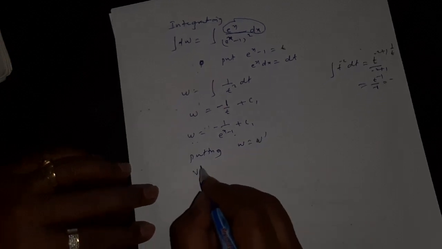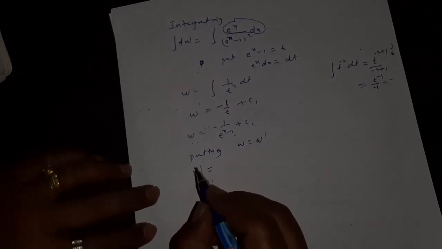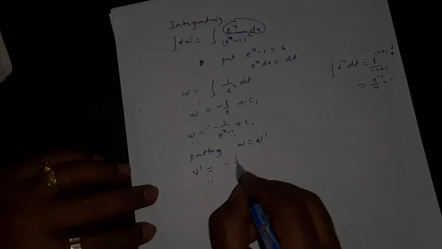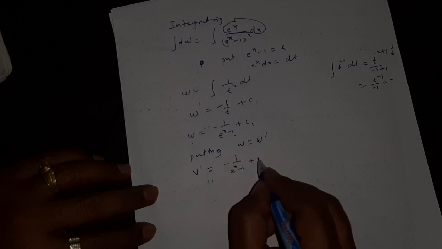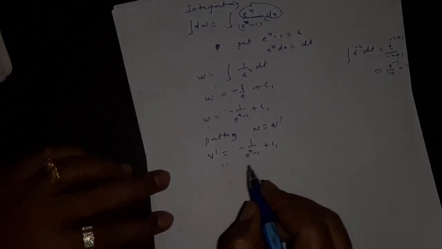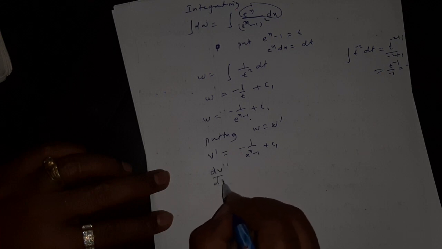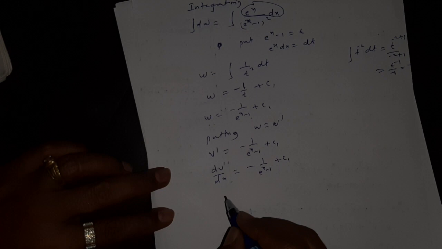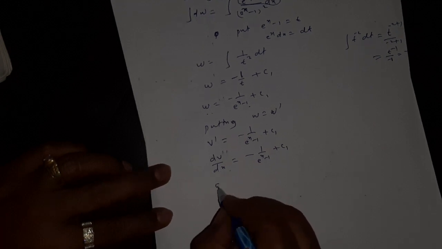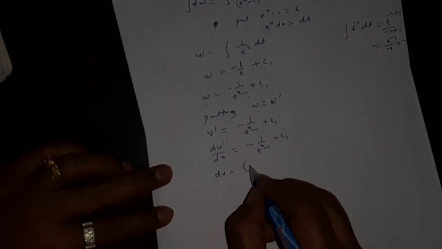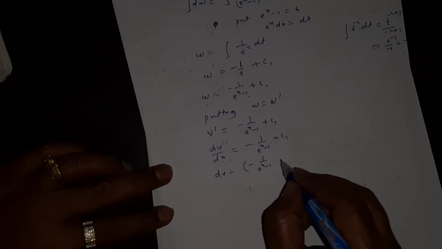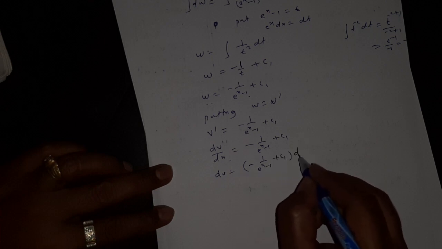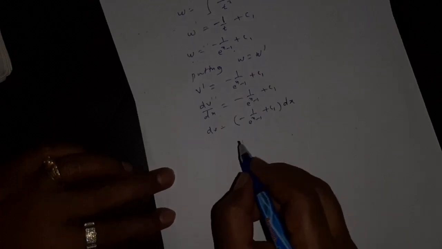What do we get? v dash is equal to minus 1 by e raised to x minus 1 plus c1. So what is v dash? v dash means dv by dx. So separate the variables: dv is equal to this, shift dx, and then integrating.